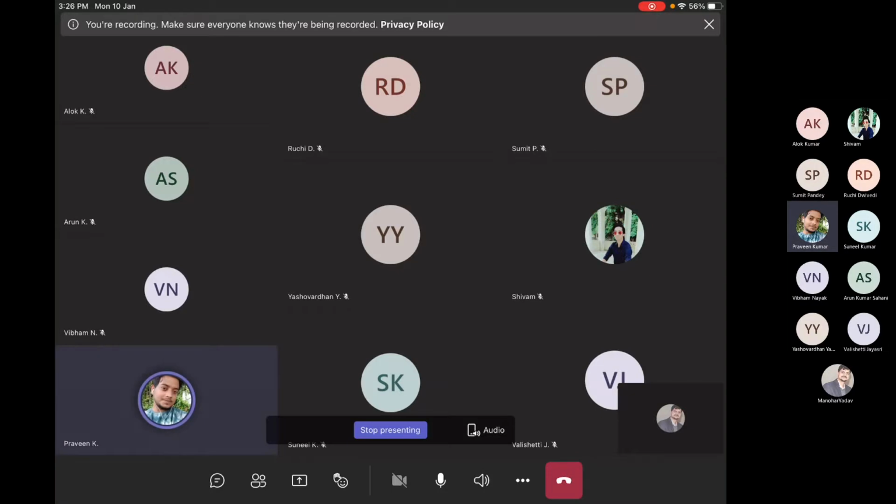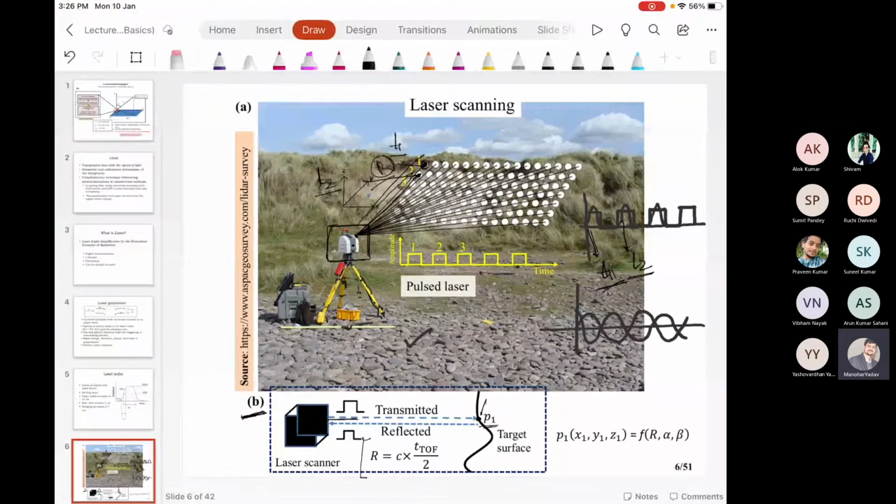Yes, sir. So how is the range calculated in this case? Hello, sir. It's Arun. Yeah, I will call you later. Yeah, Praveen. Yes, sir. Tell me, how is the range calculated in this case?